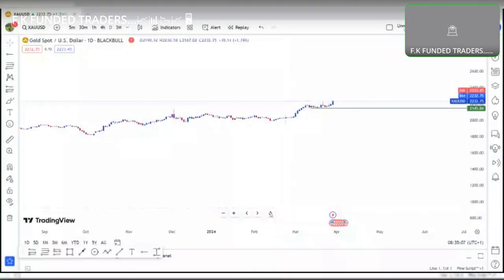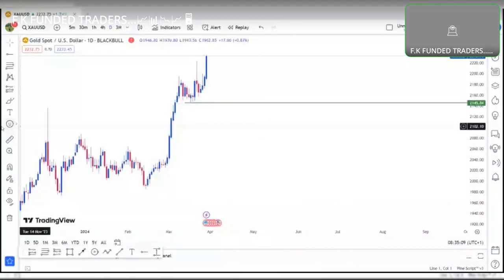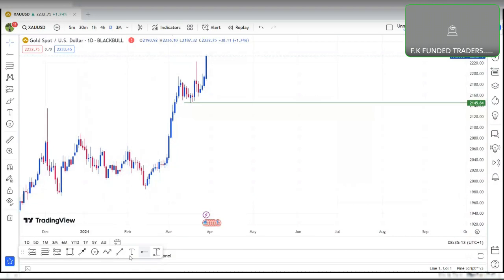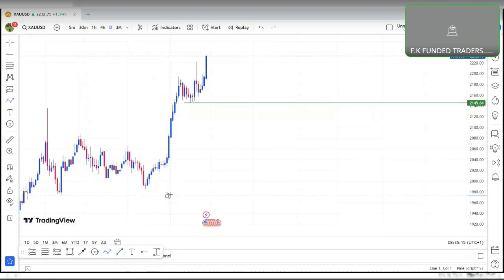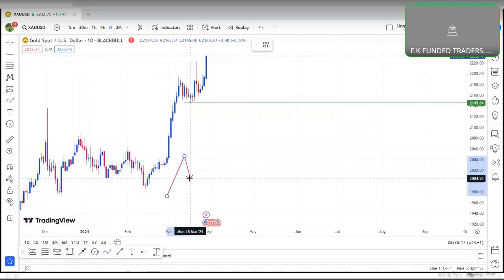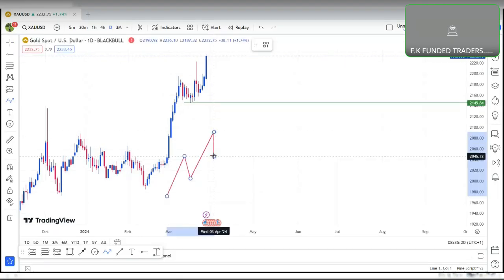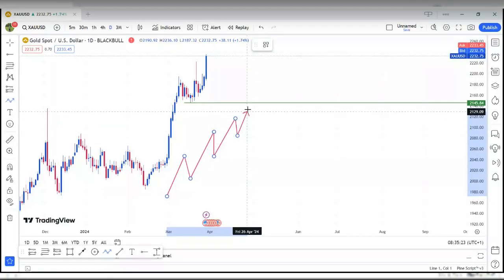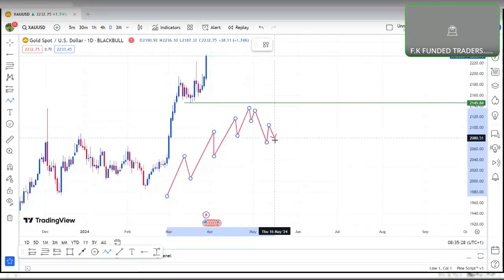What we mean by imbalance is that the structure of the market is very simple. The market has to move either uptrend, downtrend, or the consolidation format. So this is now giving us an uptrend. But if you see the structure moving up and giving us back some moves, we always expect the market to do the same thing.